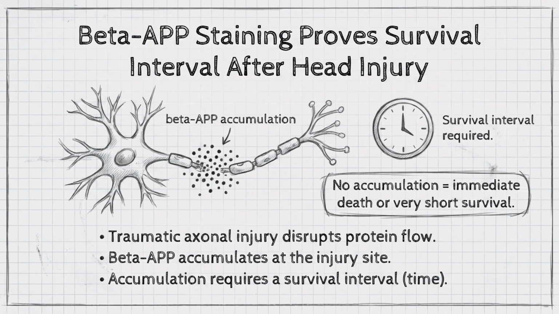If beta-APP staining is positive, it confirms the individual survived for at least a few hours after the injury, which is crucial for reconstructing events. This molecular evidence can differentiate between an injury sustained immediately before death and one that occurred earlier. However, the longer the postmortem interval, the more challenging these interpretations become.